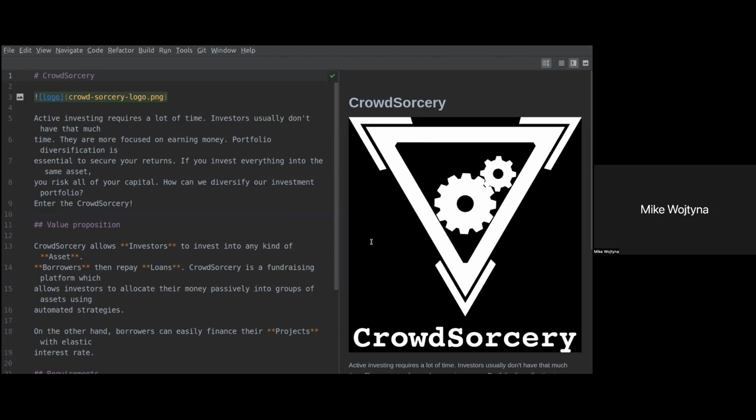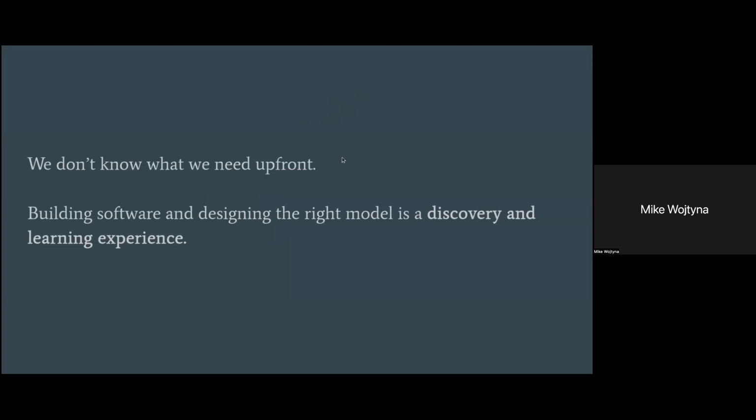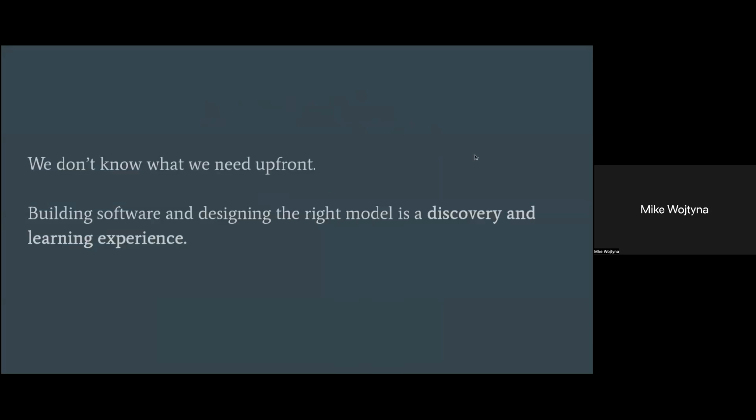But there was one main reason behind the failure. And basically, we can say the failure is that we don't know what we need up front. That's normal. But the team failed to understand that building software and designing the right model is all about discovery and learning experience.